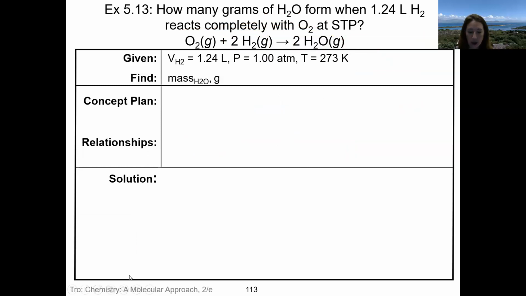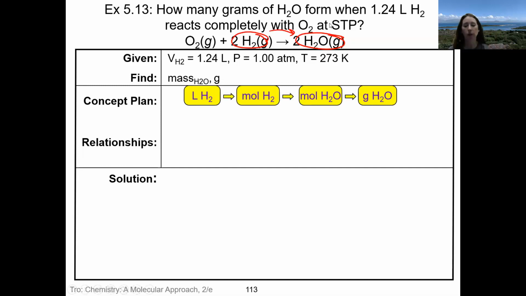We have the mass, and we want to go to grams. So we have to go from one to the other. So a mole ratio is going to happen. We're starting with liters of hydrogen. Now we could use, if we do PV equals nRT, look, we have volume of hydrogen, right?